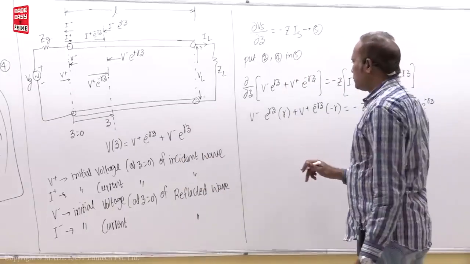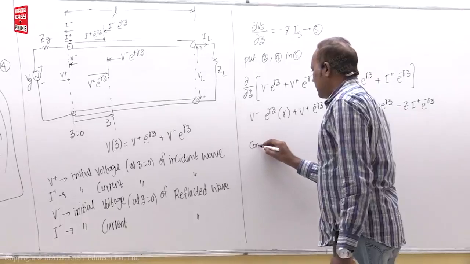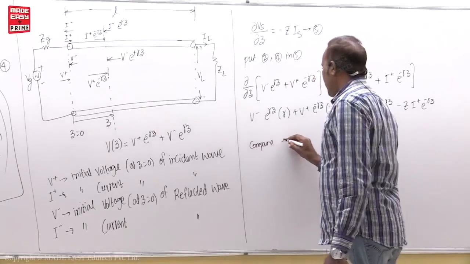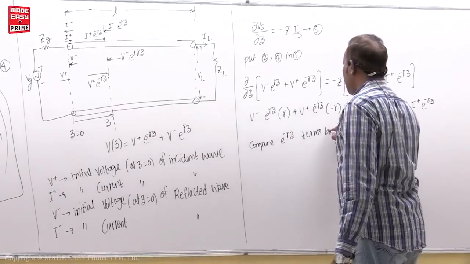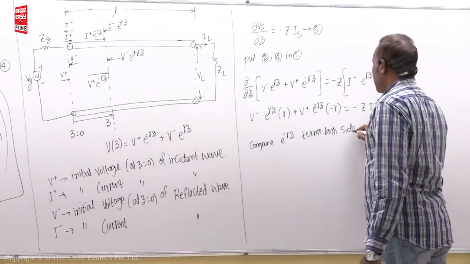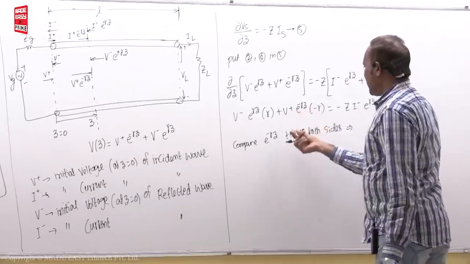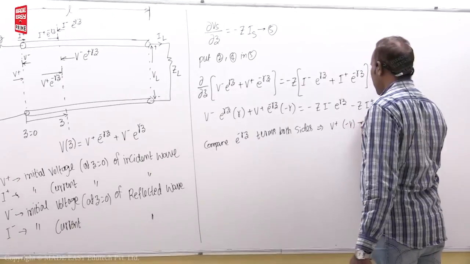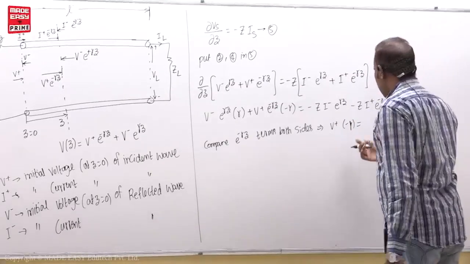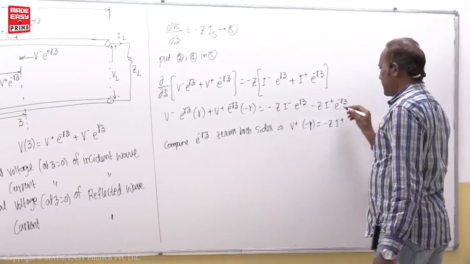So here, dear students, now compare the e power minus gamma z terms on both sides. Then what you get is, e power minus gamma z, V plus into minus gamma is equal to minus Z I plus.